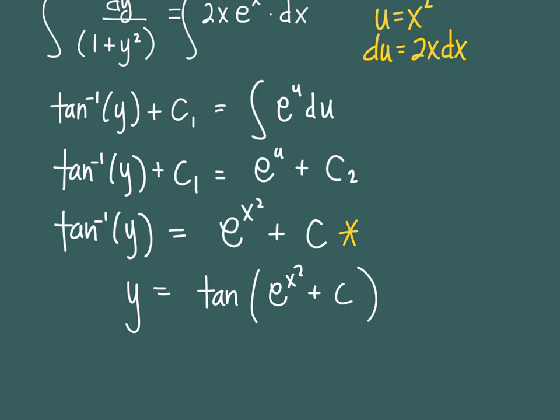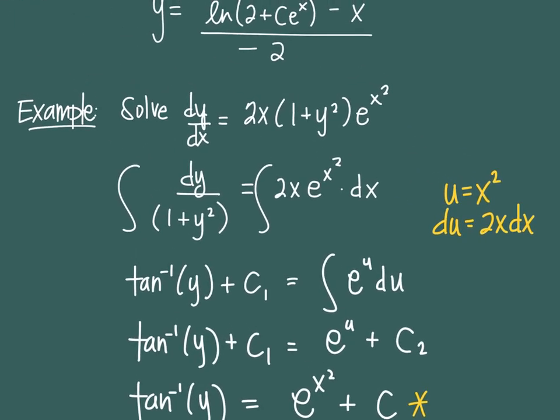All right, separate and integrate. Everything should work out nicely. You might need a u substitution or two, maybe on one side, maybe on both sides, to have it work out. In fact, you could have done a substitution on this one.